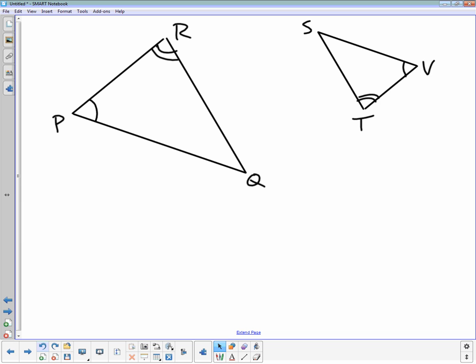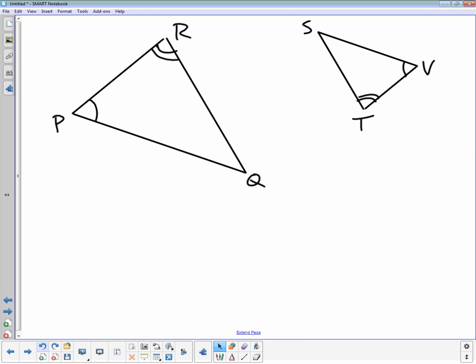Before I moved them, it was really easy to see top, left, right, all that. But when they're spun around or flipped, using the tick marks is a big deal to help you write the similarity statements.